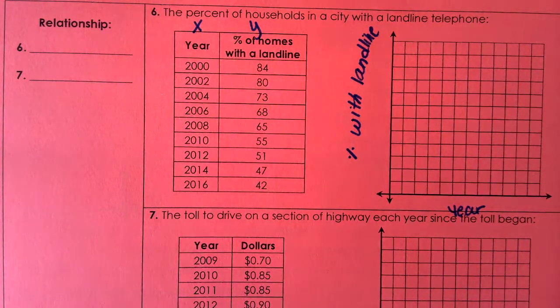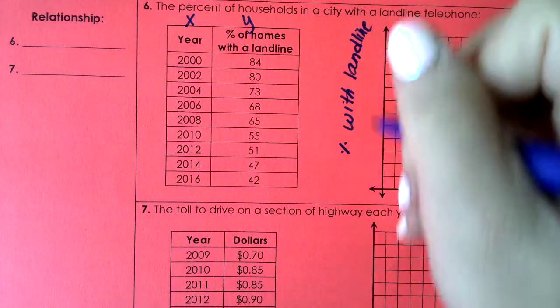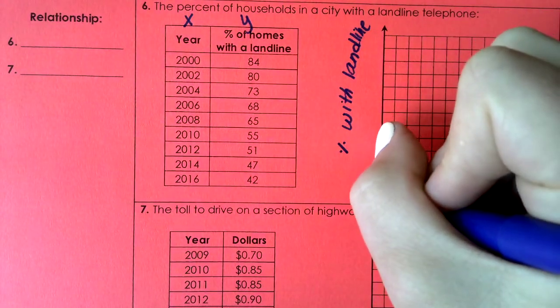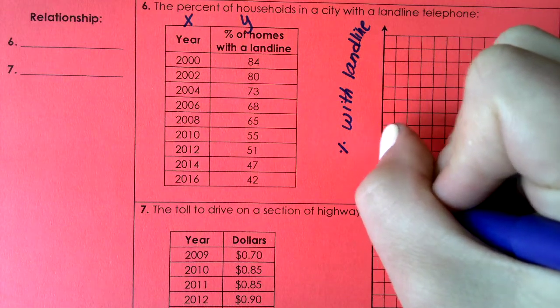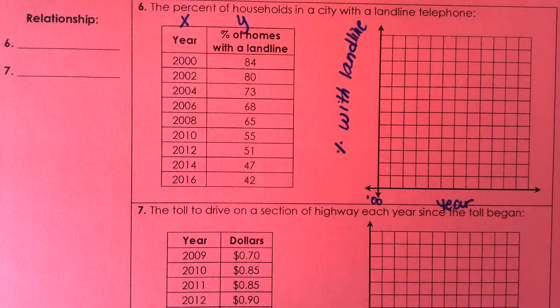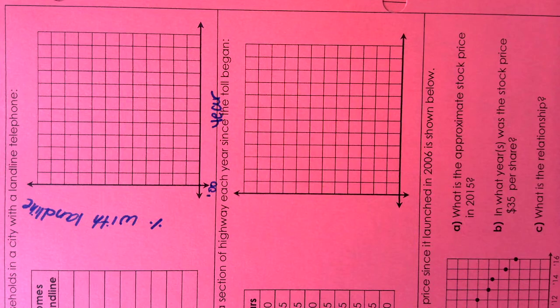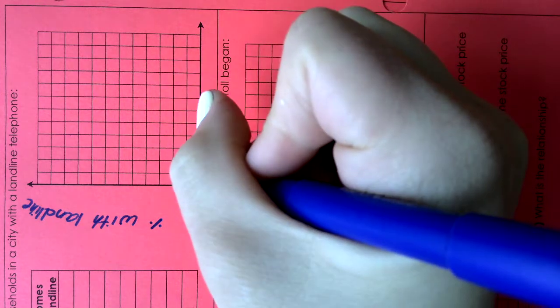When we are working with years, I'm going to count the axis right here. This is going to be year 2000. Okay? I'm going to actually turn my paper sideways to help me better write my years out. I'm going to then count by every 2 years.